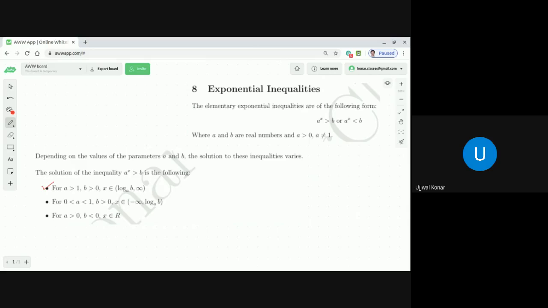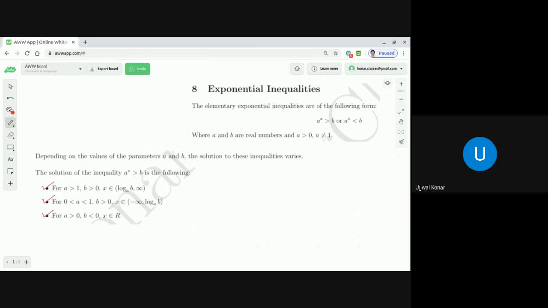If a is between 0 and 1 and b is greater than 0, then the solution is the open interval minus infinity to log b to the base a. And if a is greater than 0 and b is less than 0, then the solution to this inequality is x belongs to R, that is, the set of all real numbers.